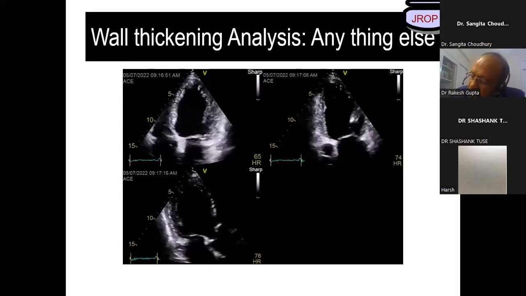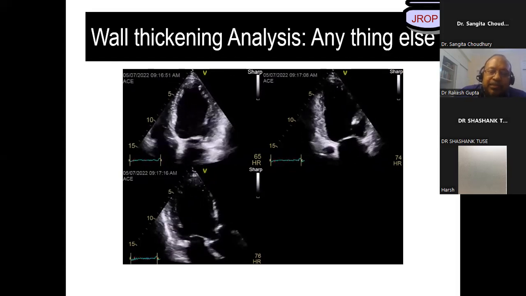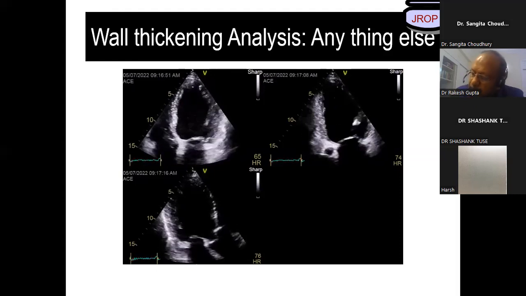Sir, mid septum is also hypokinetic, sir. Okay, let's take it. Anything else apart from this? Sir, there is hypertrophy of the LV on the lateral anterior lateral end, and there is some amount of non-compaction also.